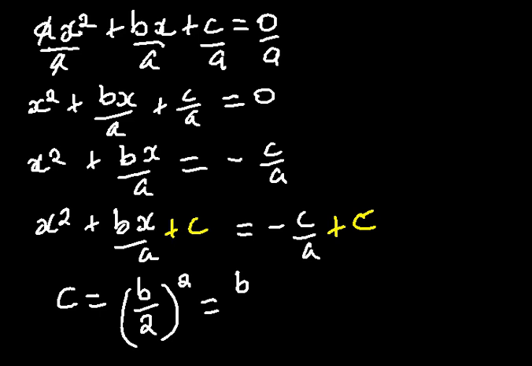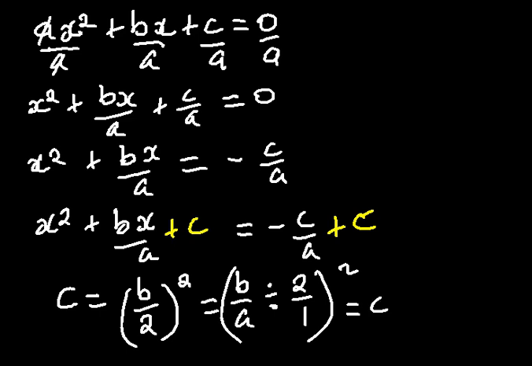Hence we have b over a divided by this 2, which will be given as 2 over 1, and all to the power 2. All this is the same as c. This is the same as having c equal to b over 2a, all to the power 2.